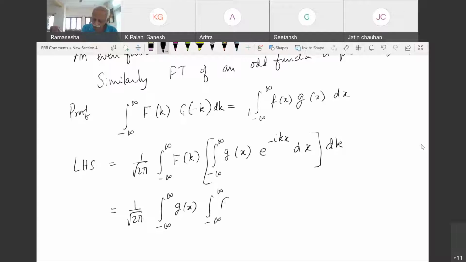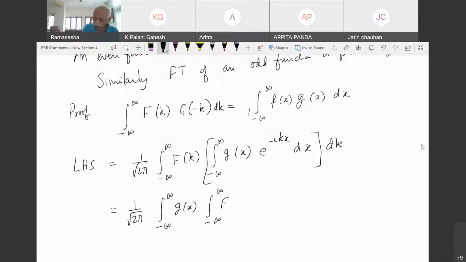I've just interchanged the order. And what is 1 upon 2 pi times the integral of f of k e to the minus ikx dk? This is nothing but the inverse transform of f of k.